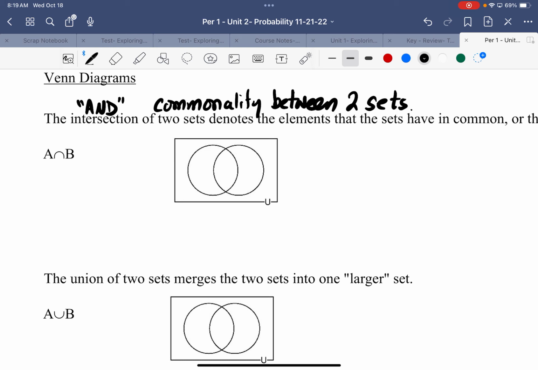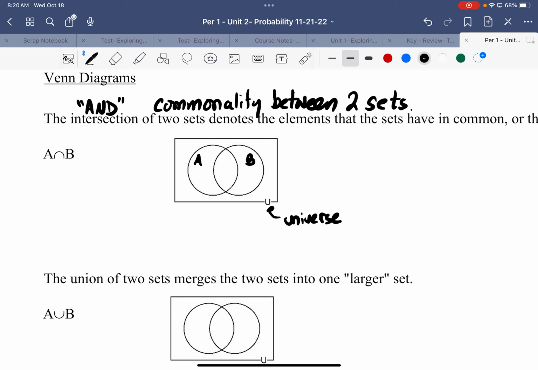Now, if I let my first circle here be A, and my second circle here be B, then the intersection is going to be where the two overlap. The U stands for, it's overused because we're using U for something else, but this is the universe.